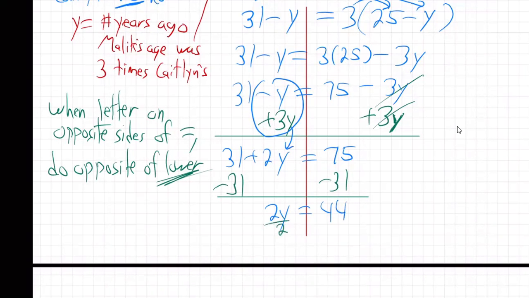Last step, divide by 2. Y is 22. And that's our answer. That's how many years ago. Remember, Y was the number of years ago when this happened. So the number of years ago is 22. 22 years ago, Malik's age was 3 times Caitlin's.